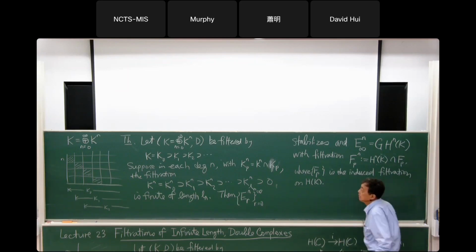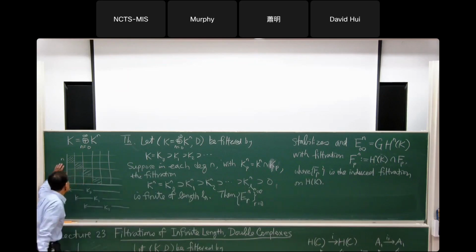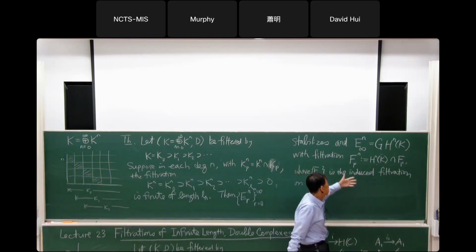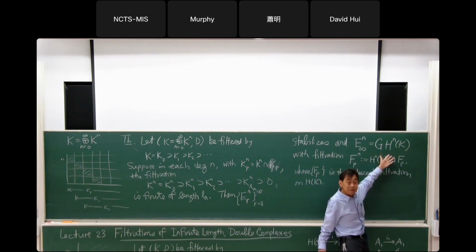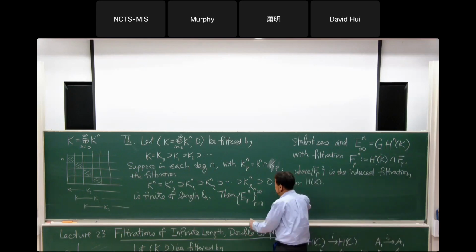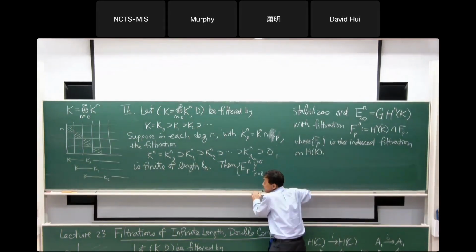And in this situation, for example, if you have a double complex, then the filtration will always have finite length in each degree. And in this way, you can compute the cohomology, degree by degree. All right. So let's try to prove this theorem.